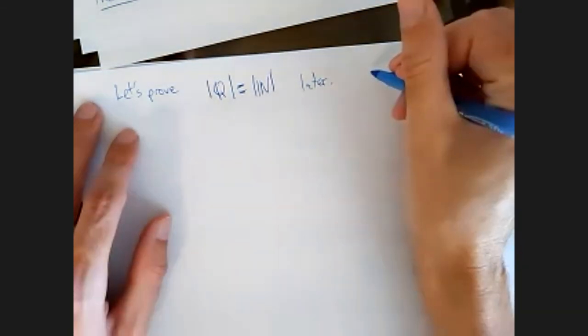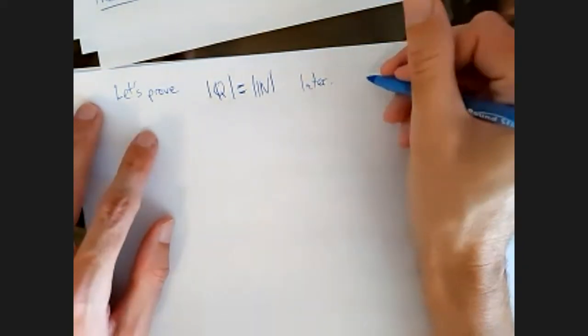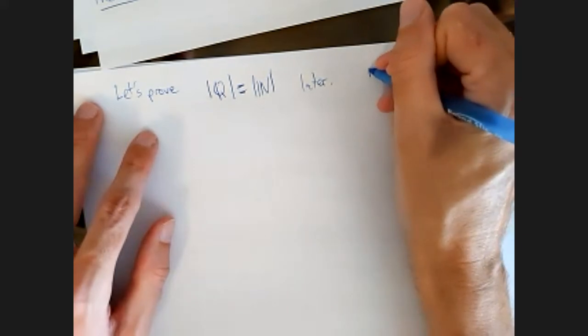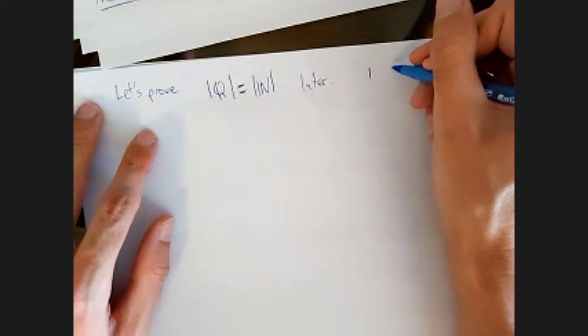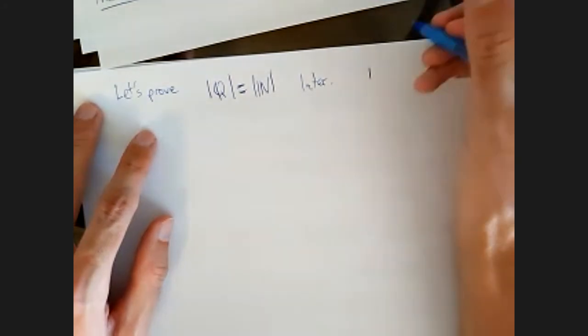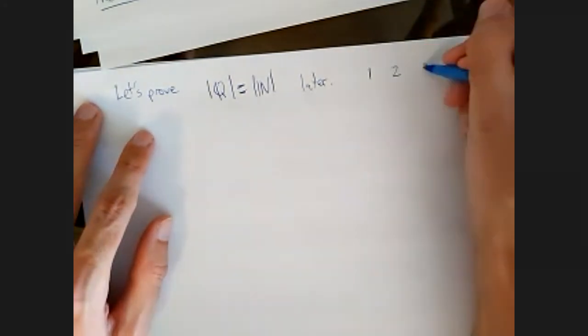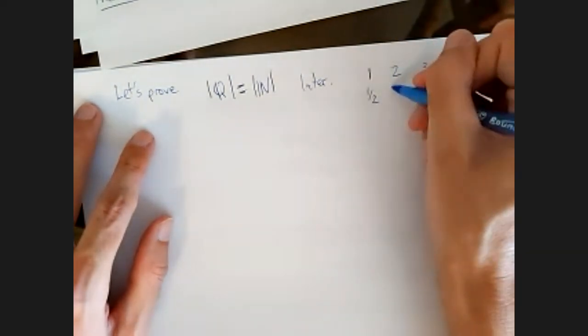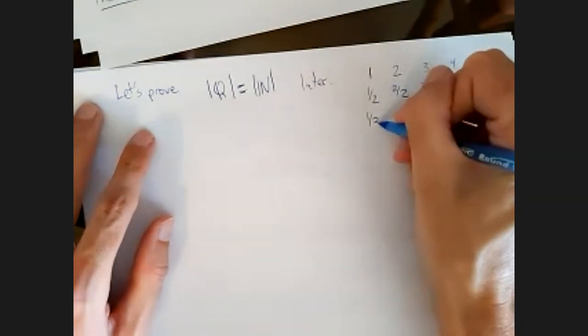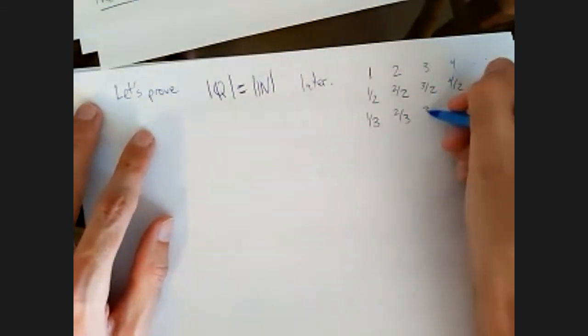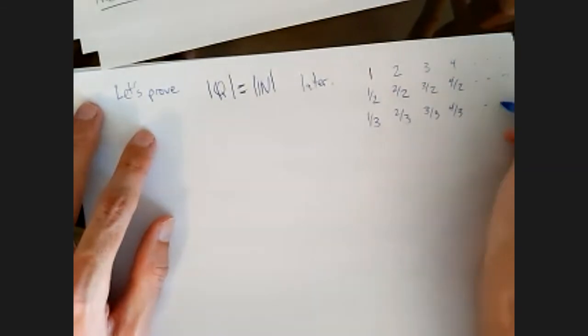Okay, but briefly, the plan is to write out, let's see, how do you do this? To write out all the rational numbers you can.